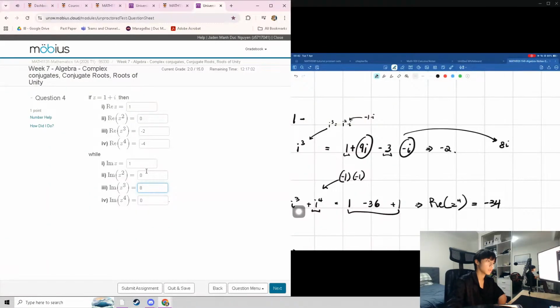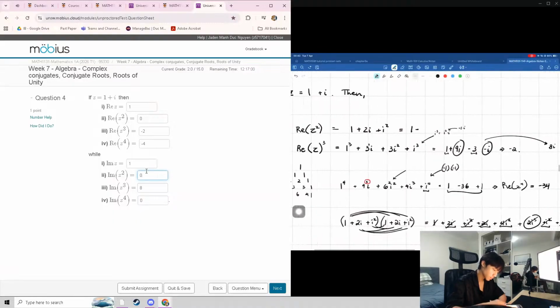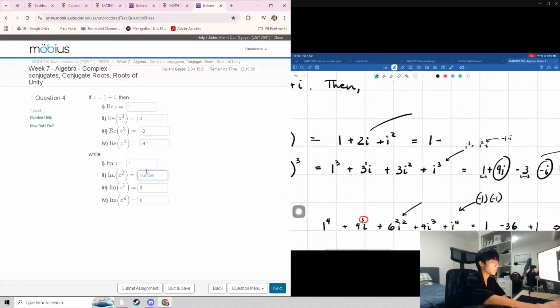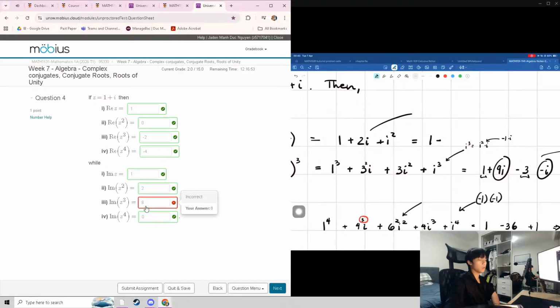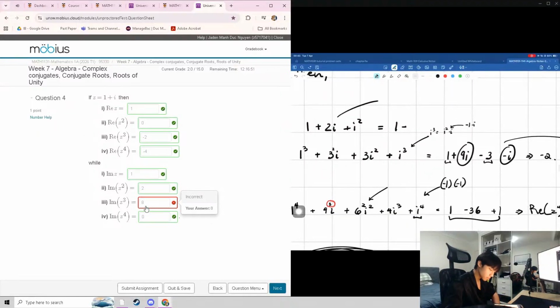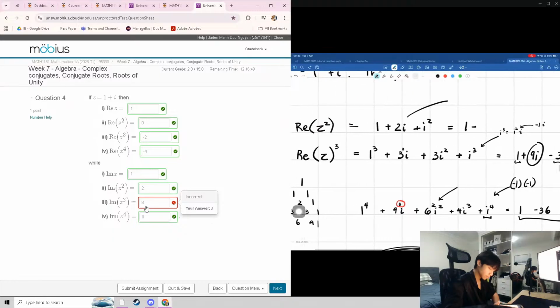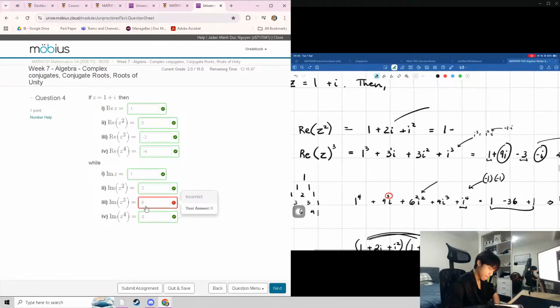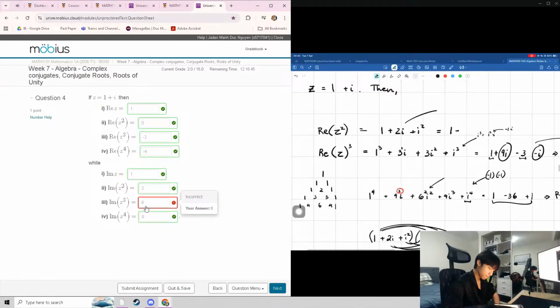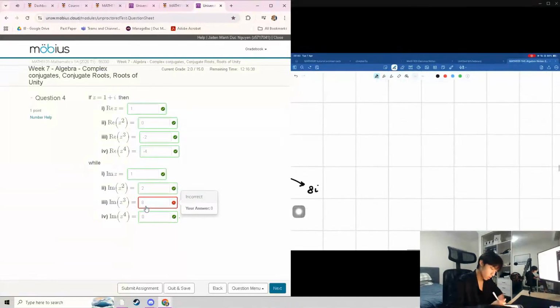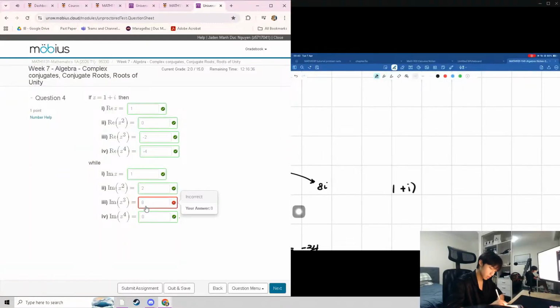Imaginary part is 8. And for z squared, we got 2 as our imaginary part. Did I mess this up once again? Okay, that means my binomial theorems are just awful.